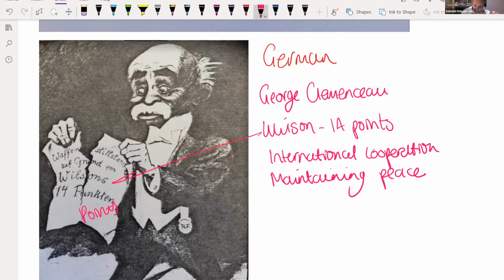So that's Wilson's ideas. Clemenceau's ideas, we summed up in 2 words, one of which was revenge. He wants revenge on Germany. He doesn't necessarily want international cooperation. He does want to maintain peace, but he wants to crush Germany, basically.